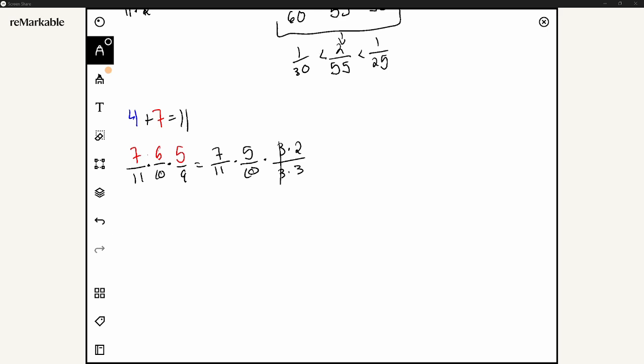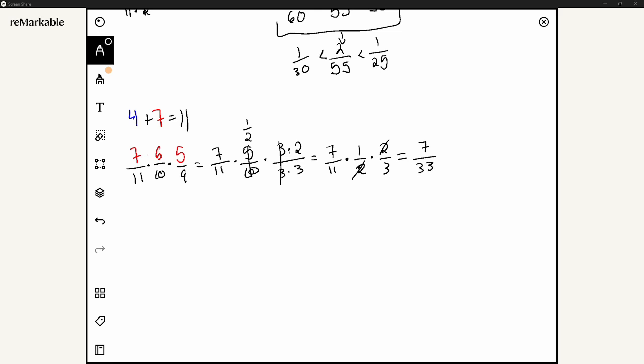These are going to cancel out. This is going to become 1/2. So let me rewrite this: 7 over 11 times 1/2 times 2/3. Again, we have the same number in the numerator and denominator. These are going to cancel out, and we see that our odds are 7 out of 33.